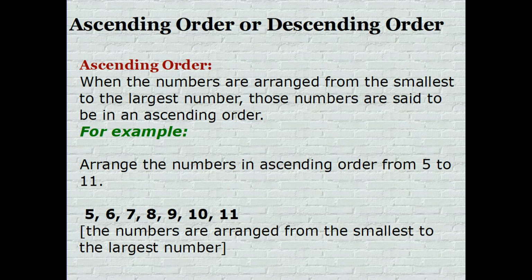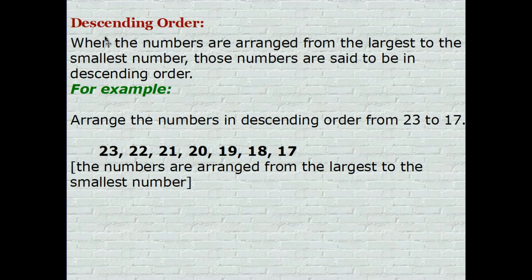And next, descending order. When the numbers are arranged from the largest to the smallest number, those numbers are said to be in descending order or in decreasing order. For example, arrange the numbers in descending order, 23, 22, 21, 20.